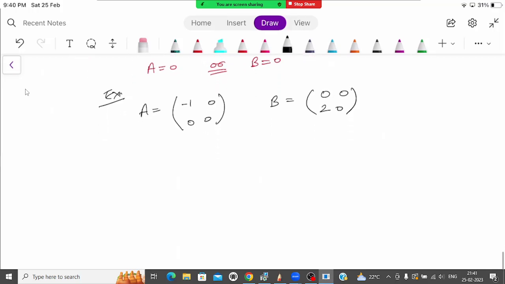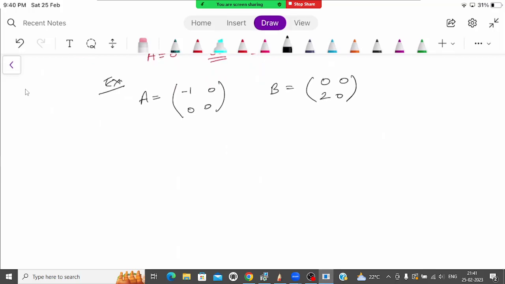So this is matrix A and matrix B. Here we have two rows, row 1 and row 2, and two columns, column 1 and column 2. So it is a 2 cross 2 matrix. Similarly, B is also a 2 cross 2 matrix.